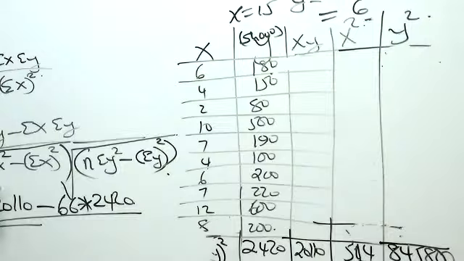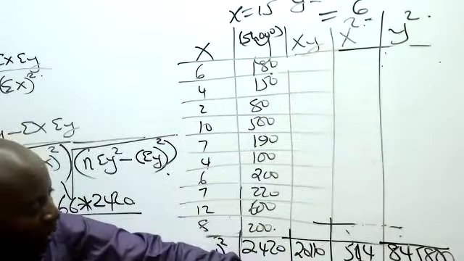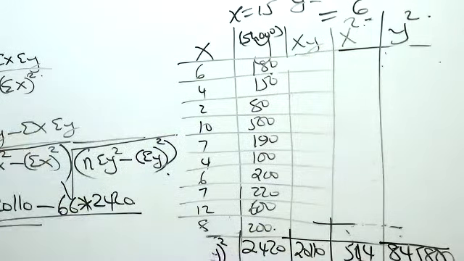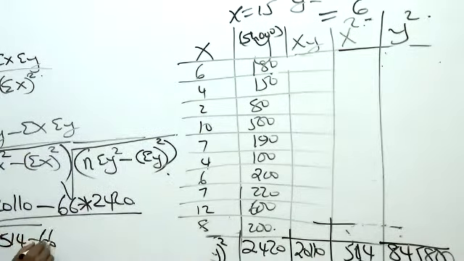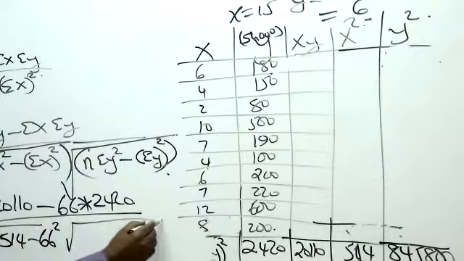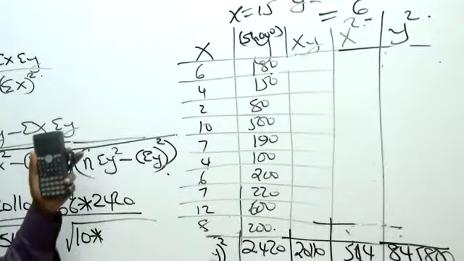Summations of x squared. This is my x squares. So the summation is 514. So 514 minus sum of x alone, in brackets here, sum of x. Sum of x is 66. This has to be squared. And then we have a square root, we have n. N happens to be 10. 10 times summation of y squared.